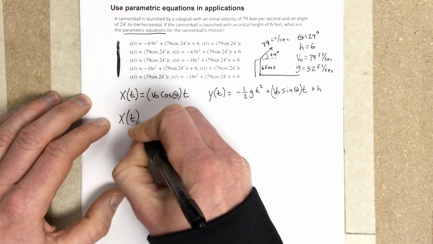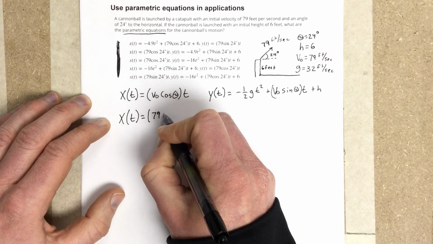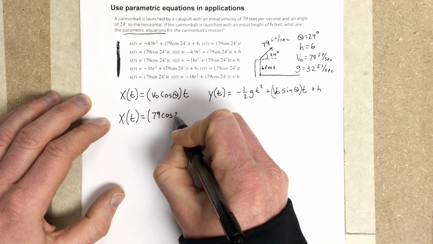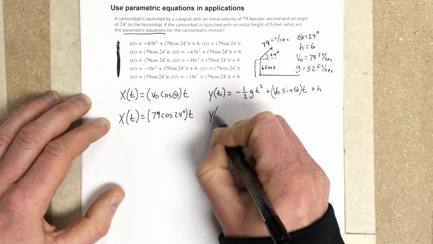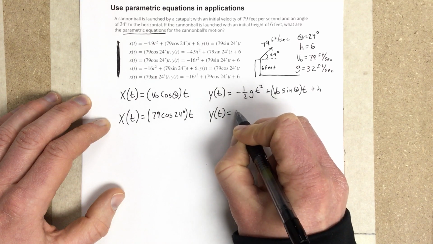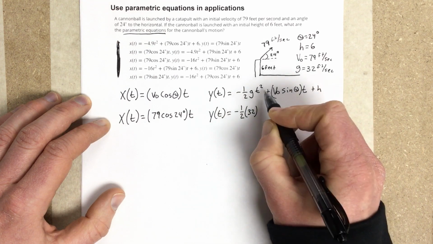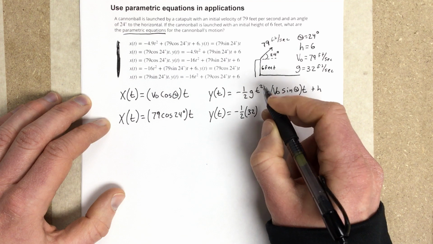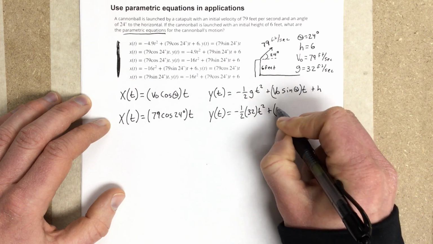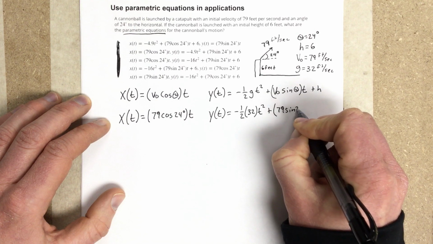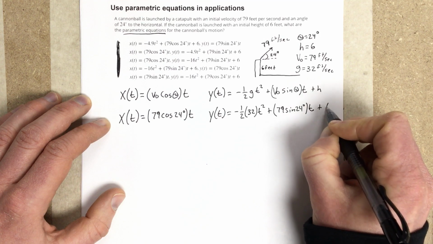Basically we write down all our initial conditions and then we start plugging them into these formulas. x of t is going to equal 79 cosine of 24 degrees t, and y of t would equal negative 1/2 times g, which is 32, t squared plus our initial velocity, which was 79, sine of 24, t, plus our initial height, which is 6.